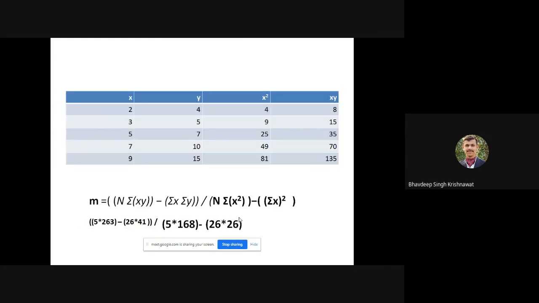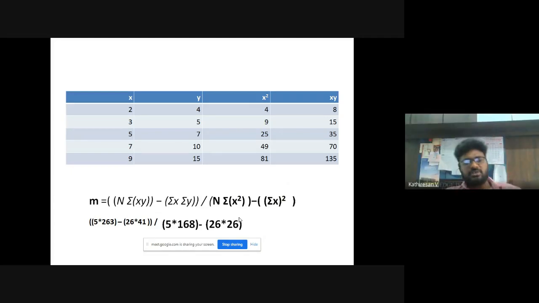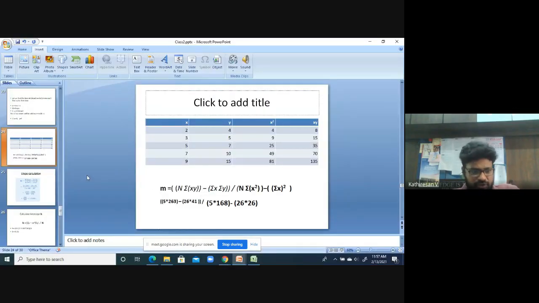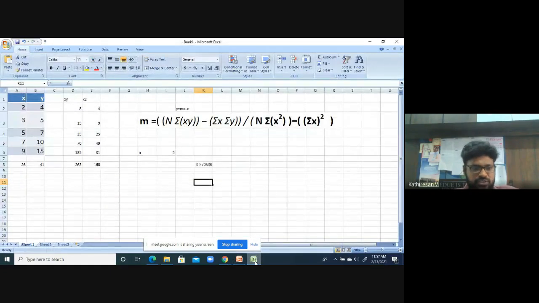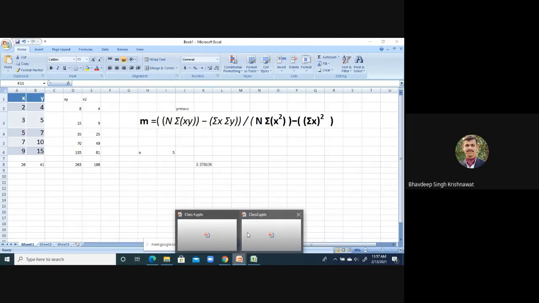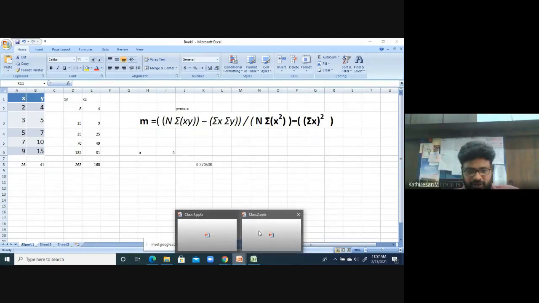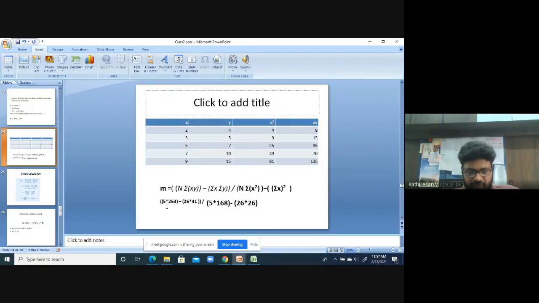So 5 into 168. Oh, this, okay. See here, 5 is n. 5 into 263 is because of the sum of xy. What is the value of the sum of xy? It is 263, right? Okay, sir, I made a mistake. It's okay. See, 5 into 263.